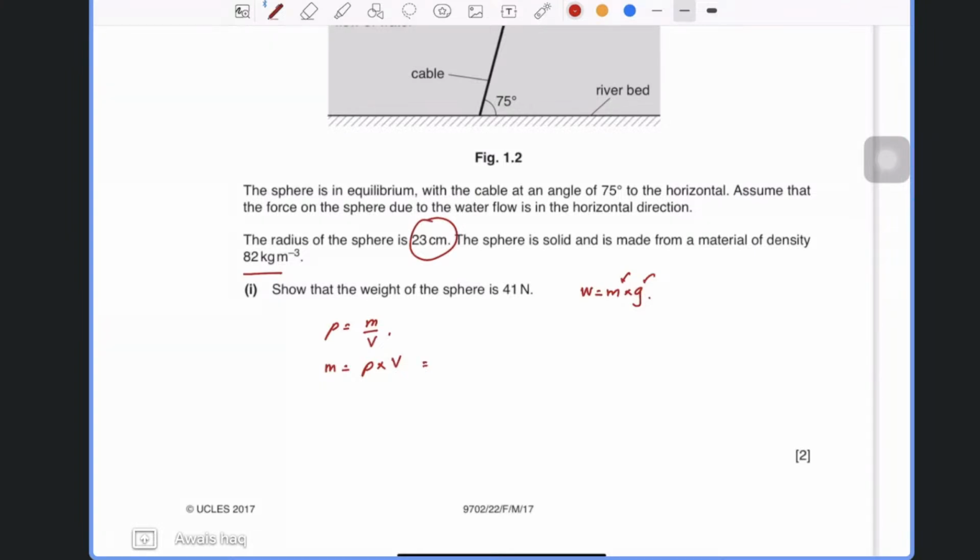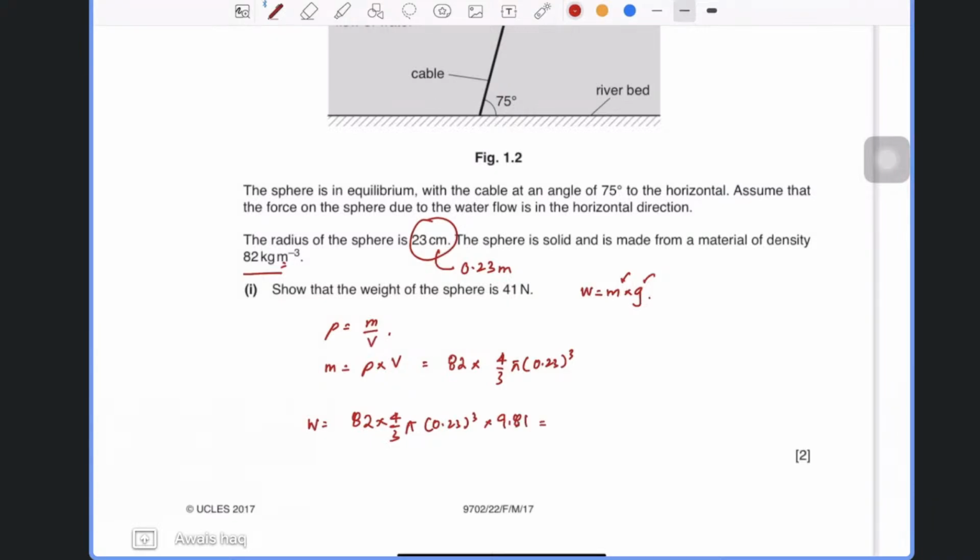The radius is 23 millimeters, so we convert this to meters, which is 0.23 meter, and the volume is 4 by 3 pi 0.23 cube. So that's the formula. Once you do that, you multiply the whole thing by 9.81 to find the weight. All right, what do you guys get?